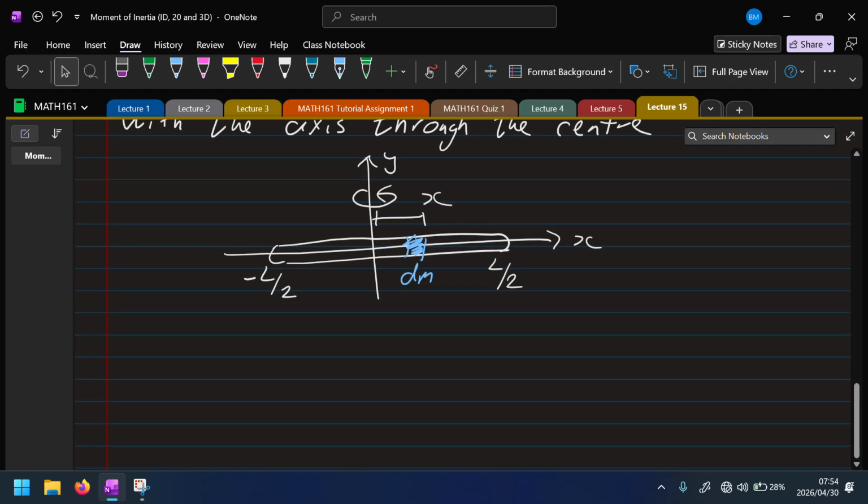So let's substitute in and work out the moment of inertia. We need to integrate over the length of the rod, so it will be from minus L over 2 to L over 2. The radius we said was x from our diagram, so we need radius squared, which will be x squared. Times, and now we need the linear mass density, the lambda.